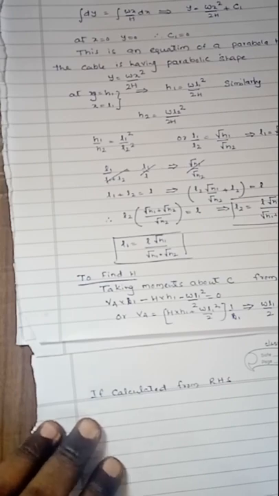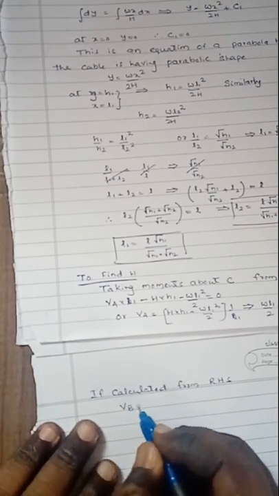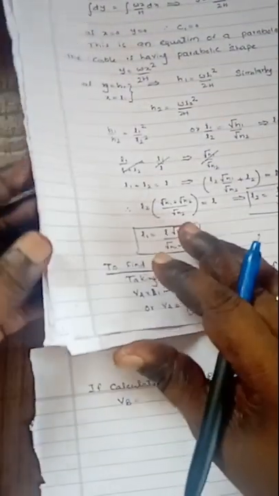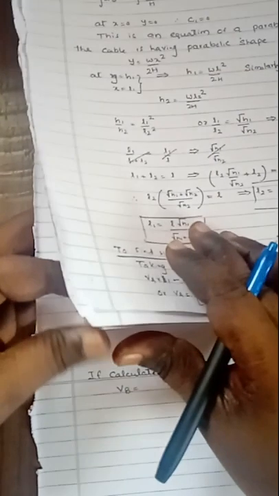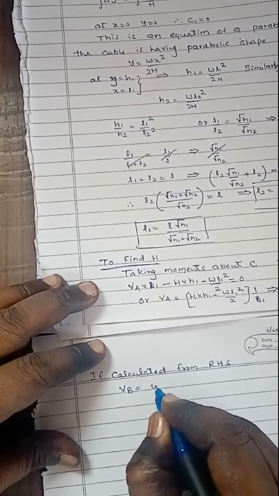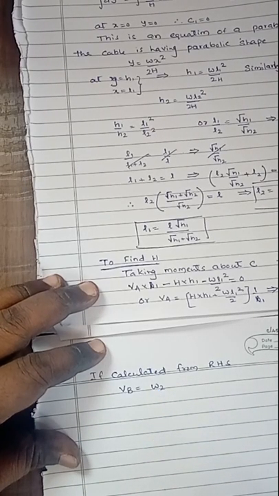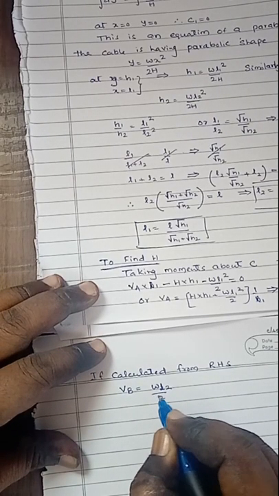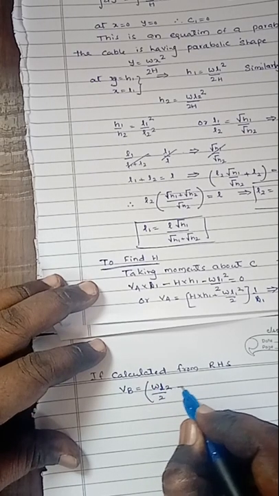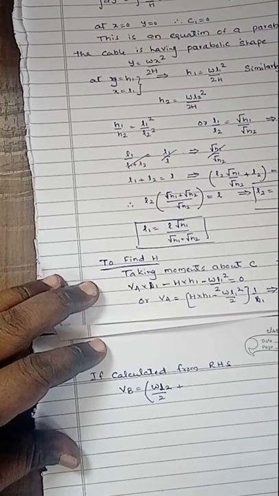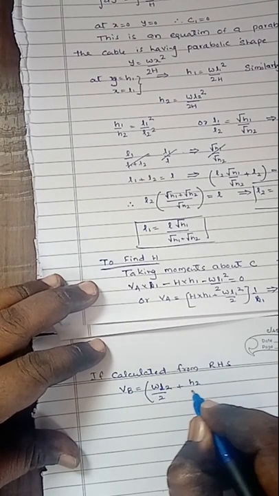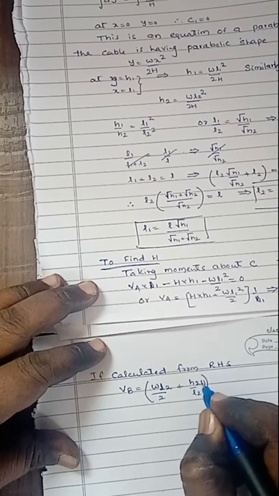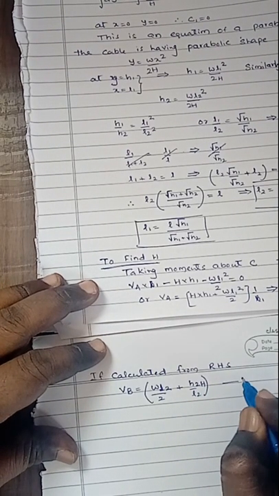Then if calculated from RHS, by taking moments of all the forces from the right side, that gives us VB equals W L2 by 2 plus H2 by L2 into H. Here this one is equation number 2.